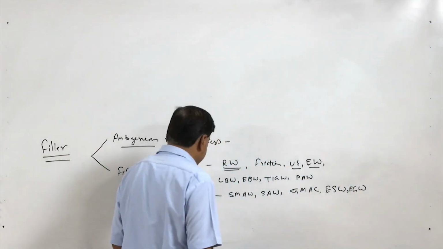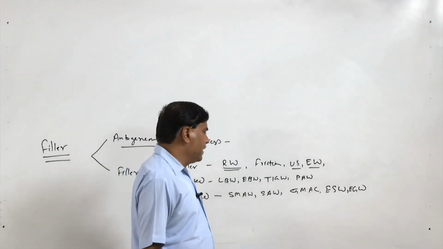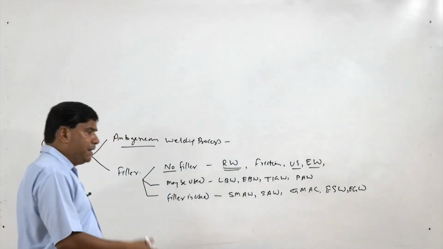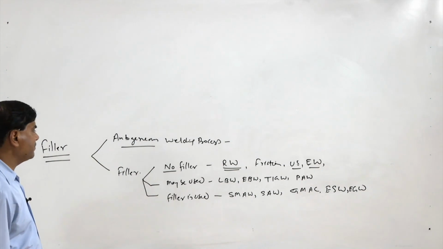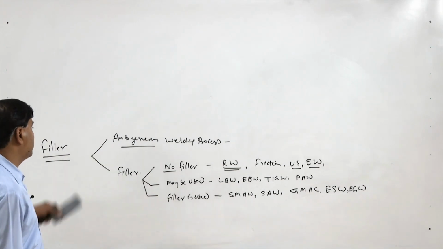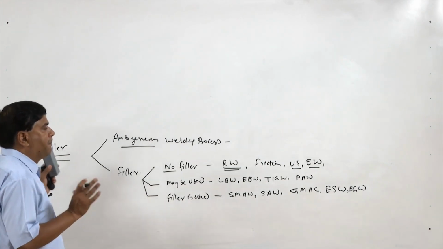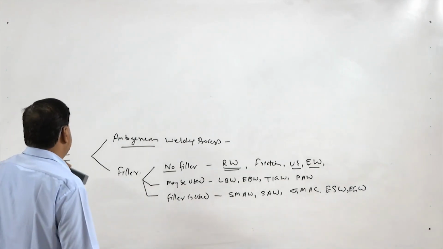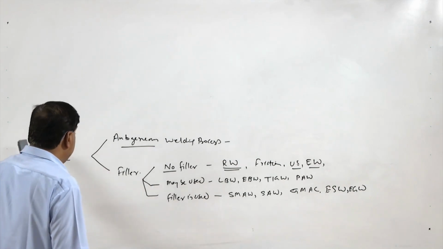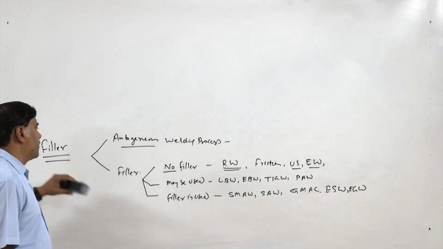In all these processes the filler metal is in any case applied during the welding. So this is the kind of grouping of the different processes based on whether the filler is used or no filler is used.